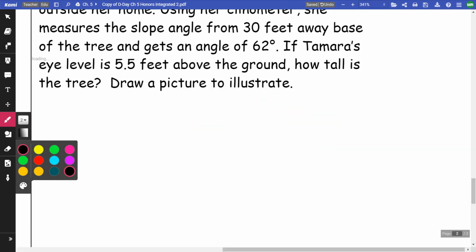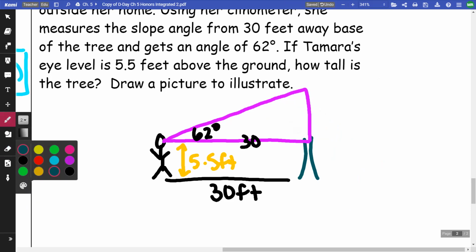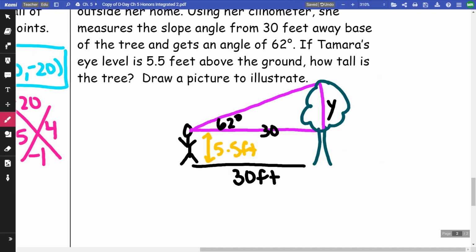So I am going to use, let me just get rid of all the rest of the screen. So this is Y. Okay, so I have opposite and adjacent. So we are going to do tangent of 62 degrees is equal to Y over 30.